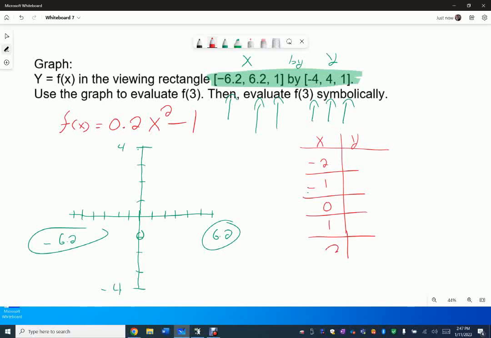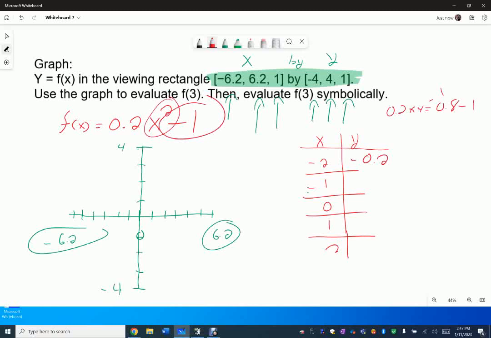I plug in negative 2 and square it, which is positive 4, times 0.2 is 0.8, minus 1, because we still have that minus 1 there, is going to be negative 0.2.